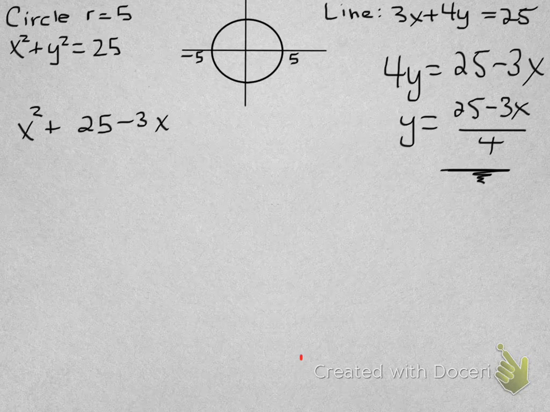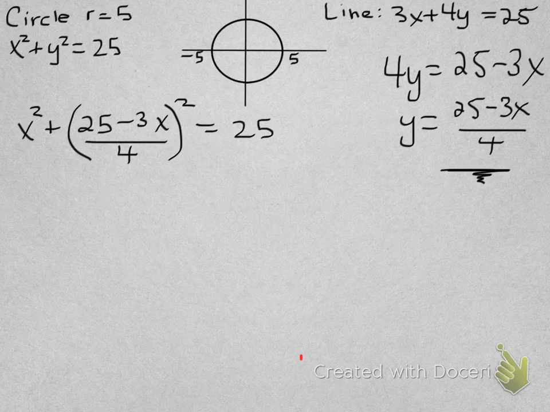And y is being squared here, so I'm going to have to wrap brackets around that, and that's all equal to 25. So from two equations with two variables, I've now reached this spot where I have one equation and one variable. Now I can solve for an actual number.